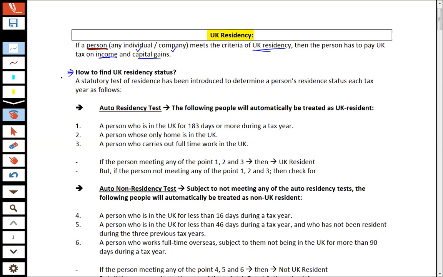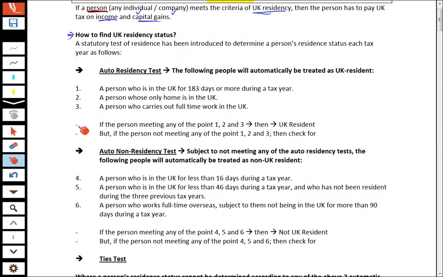Now, next, how to find UK residency status. Remember, a statutory test of residence has been introduced to determine a person's residency status each tax year as follows. There are a few steps to find the residency. Number one, first of all, we will check the auto residency test.